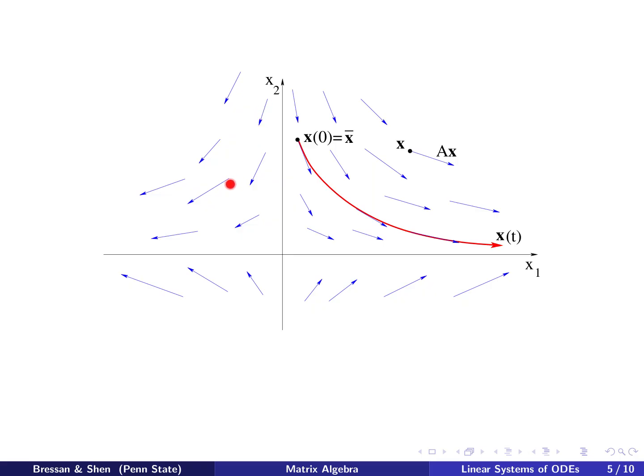Then you will come down, bend to the left, and approach the axis. Down here will be the same, symmetrically: you come up, and you get flatter and flatter. And same here, you would go this way. So we don't know exactly how to write out the function of the solution, but from the graphics, we know its properties and how it should evolve.